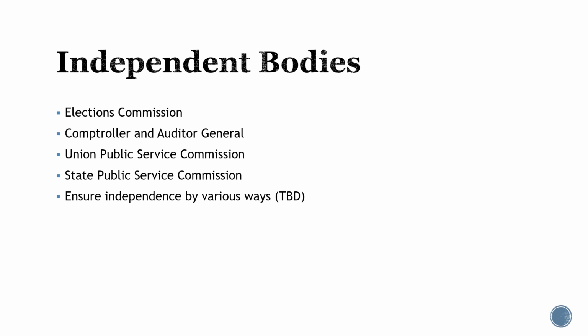All of these organizations are ensured independence in certain ways. Basically, their expenses are on the Consolidated Fund of India, and their tenure is secured. We'll talk more about these features and their independence when we do separate lectures on these bodies.